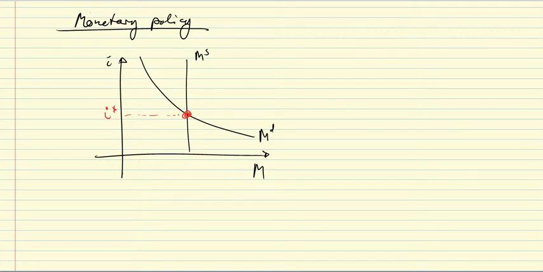And I'm going to open a new page and give you 3 examples about money demand, money supply, changes in the interest rate, and monetary policy. So let's do the first one. I and M, and MS and MD.